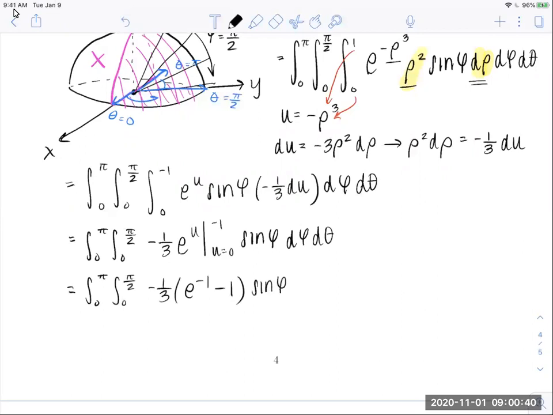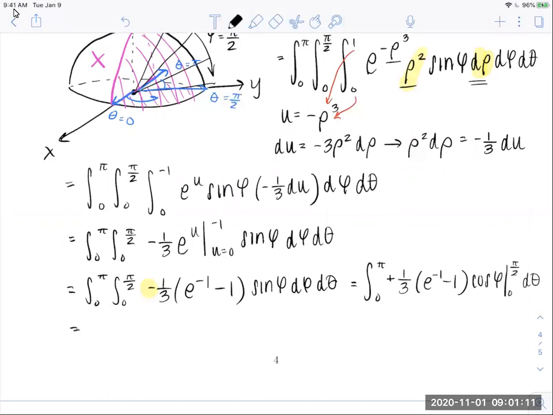And so now let's integrate with respect to phi. The integral of sine phi is going to become a negative cosine phi. So look, there's already a negative out front here. When I pop out another negative, that's going to become positive. So I have the positive 1/3 of e to the negative 1 minus 1 cosine phi from 0 to pi halves d theta.